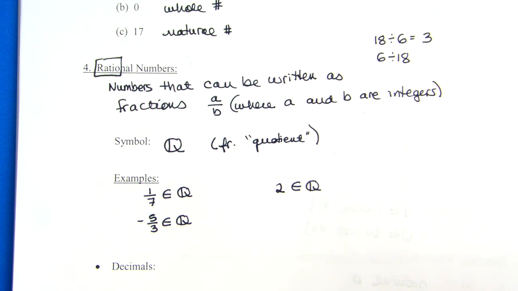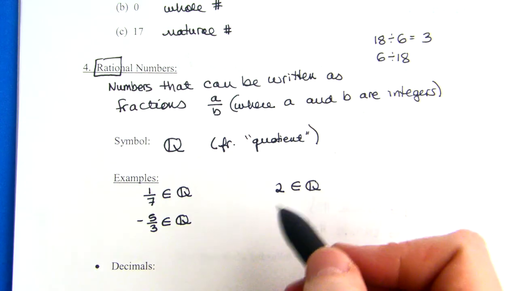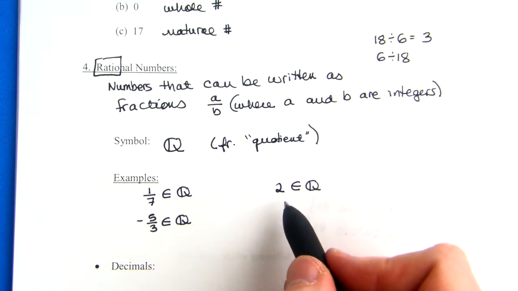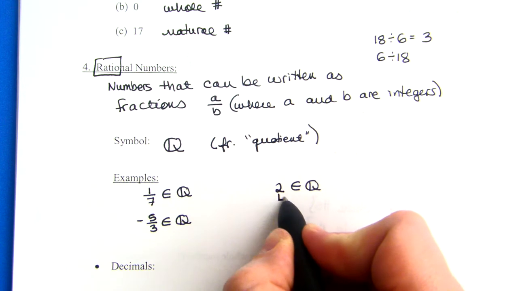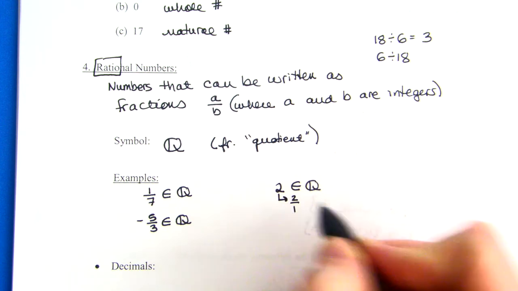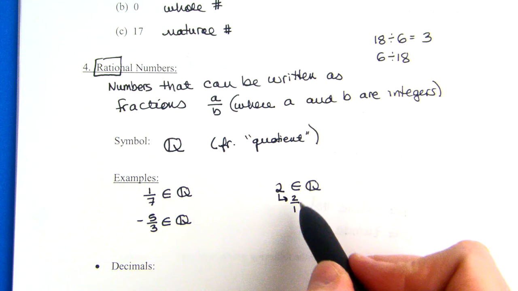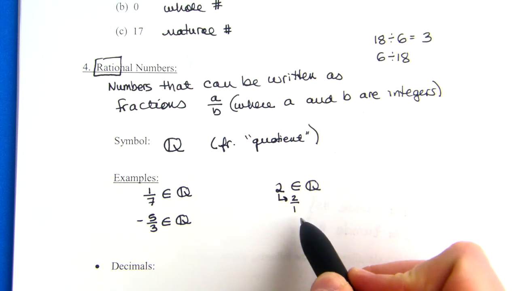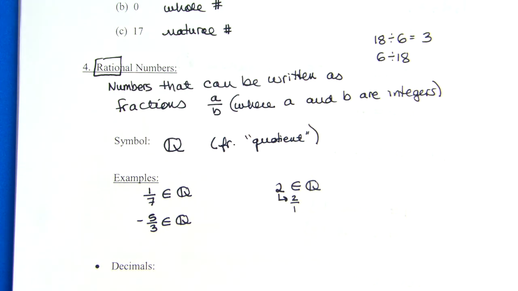And if so, why? I guess the real question is, could we write 2 as a fraction? Well, sure we could. We could say 2 is just 2/1. That's a fraction where the numerator and denominator are integers. Yeah, 2 counts as a rational number. And for that matter, any integer counts as a rational number. Any integer can be written as a fraction if we just put it over 1.